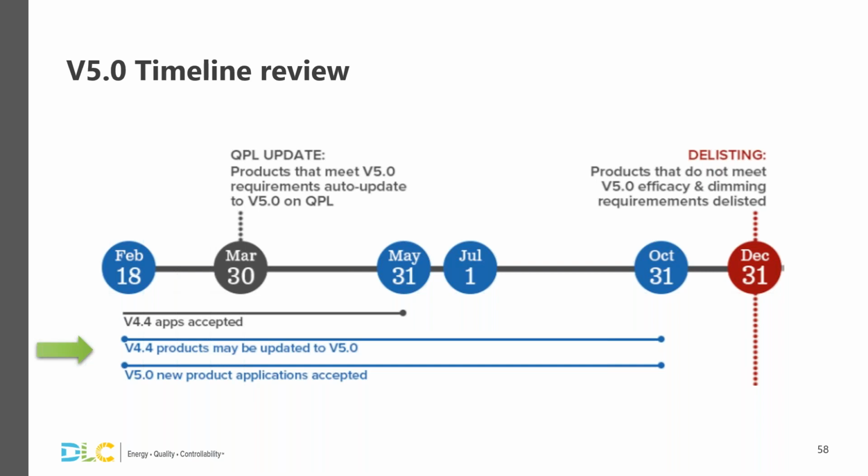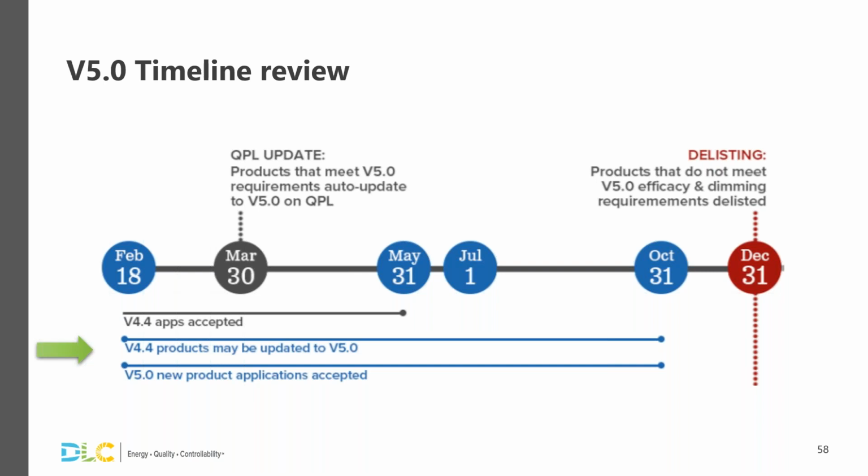However, we do have detail in the manufacturer's guidance on when these applications must undergo a complete review before those applications will be closed out. As well, manufacturers may submit version 5.0 update applications for products that do not meet version 5.0 requirements based on their currently listed information. It started on February 18th.